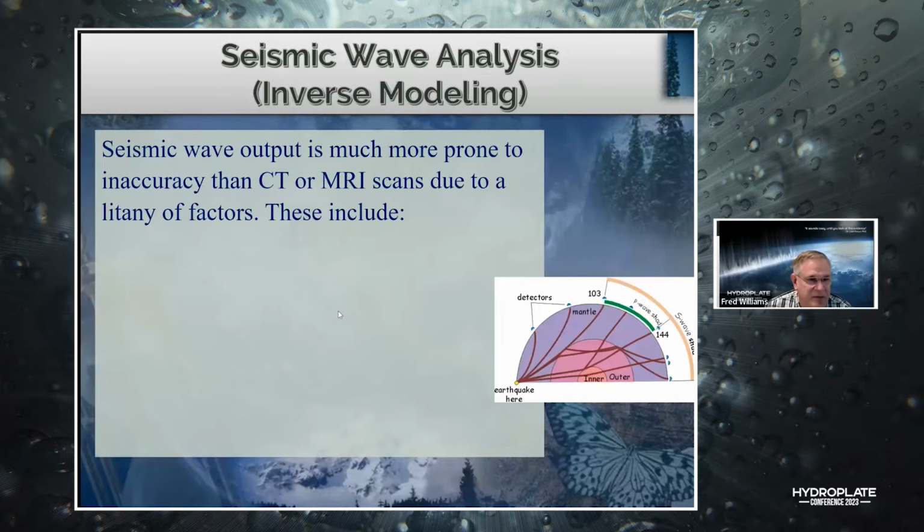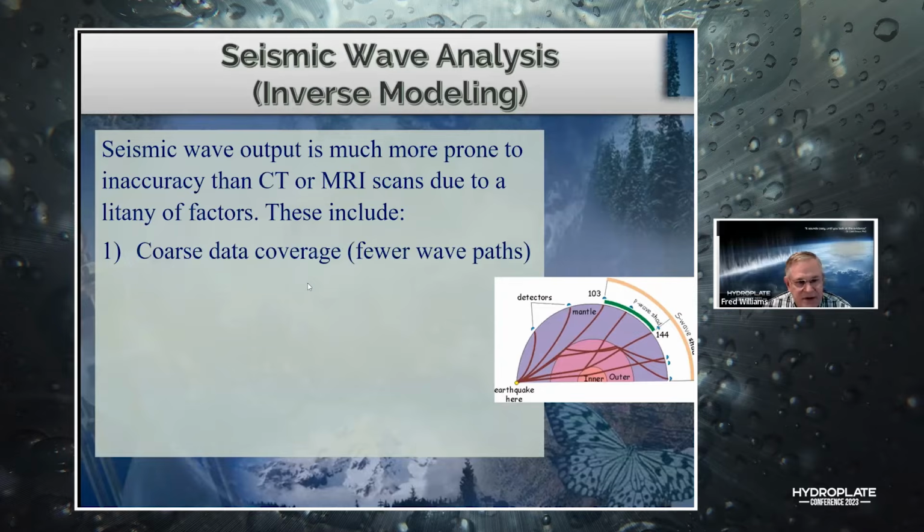Seismic wave output is much more prone to inaccuracy than CAT scans or MRI scans due to a litany of factors. You have coarse data coverage. With seismic tomography, you're looking at a big picture, and you have only so many earthquakes and only so many detectors around the globe. Curved wave paths: as waves travel through the earth, they run into different things that make the waves curve, different properties, different materials, various densities.